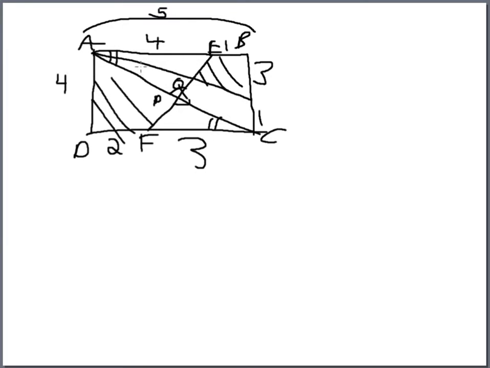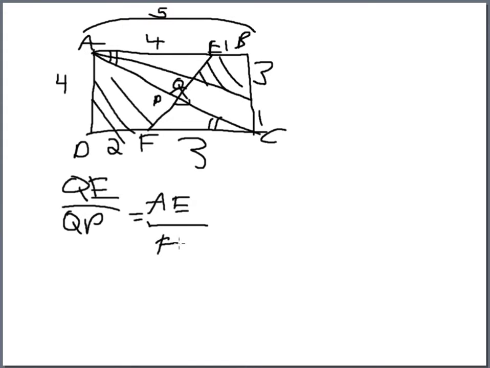And using this, we know that QE over QP is equal to AE over FC, and we know that these two are similar because all the angles are congruent. As you can see, they're all congruent, so that means these triangles are similar.